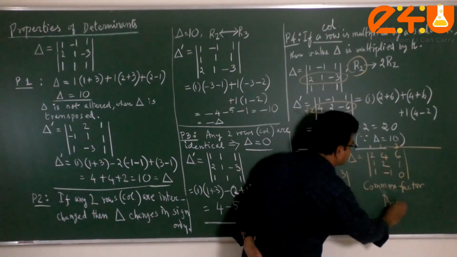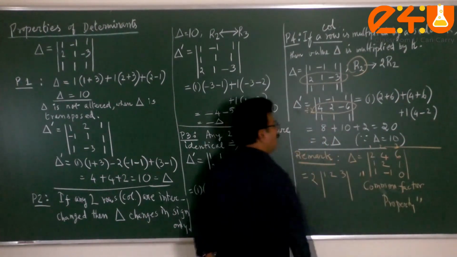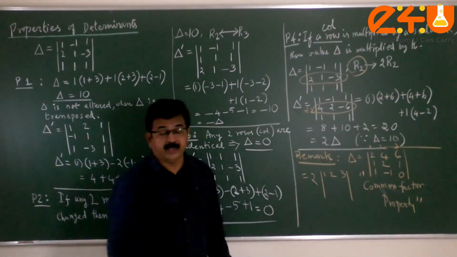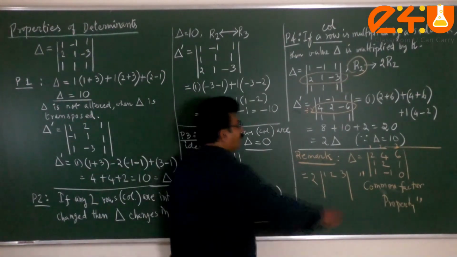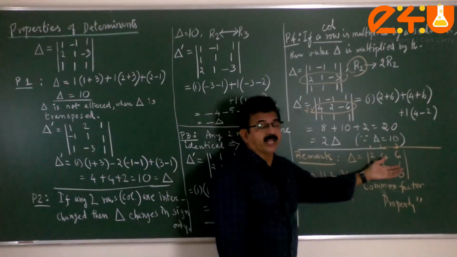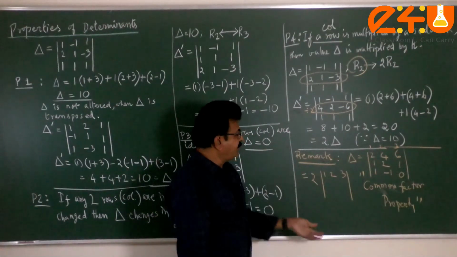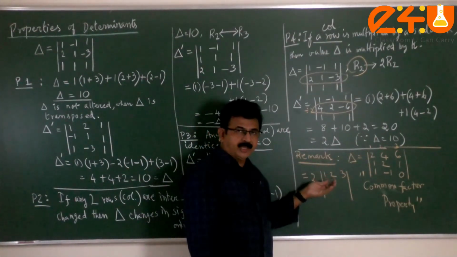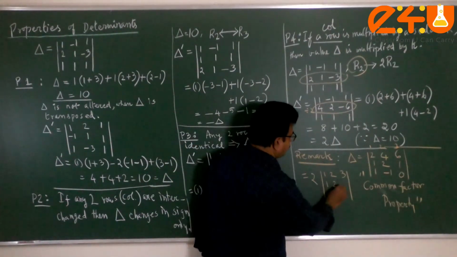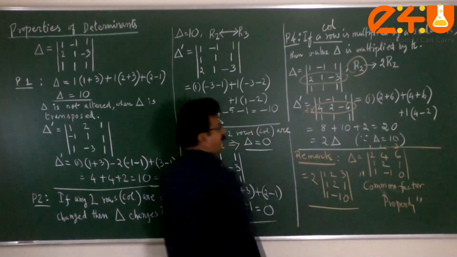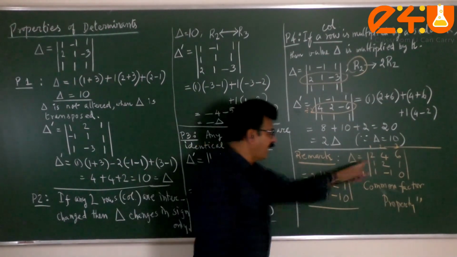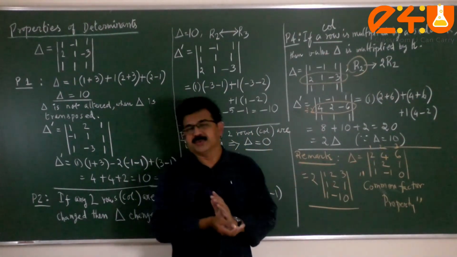Let me emphasize, students can remember this P4 property as the common factor property. From out of a row or from out of a column, if you find divisibility working for all the entries, you can take that divisor as a common factor out of the determinant. So what is left over is this. Students are welcome to evaluate this and that, and verify the coincidence of the values.